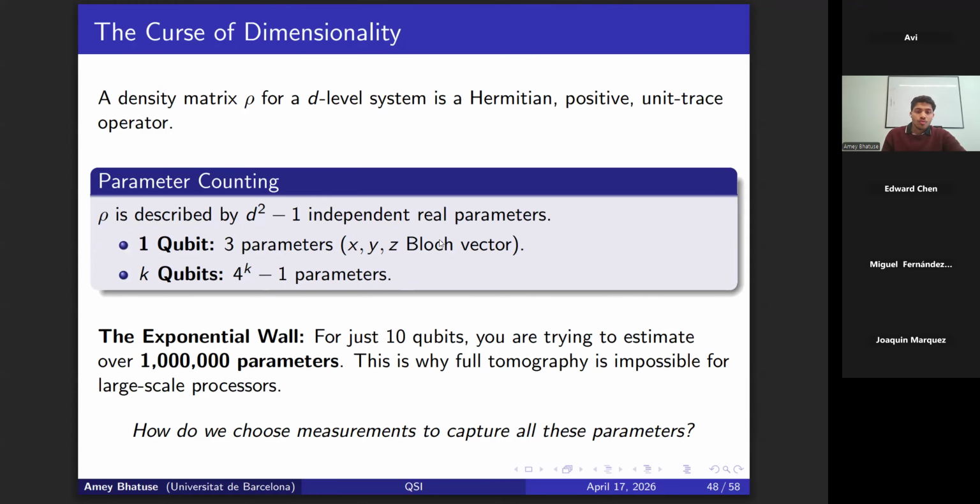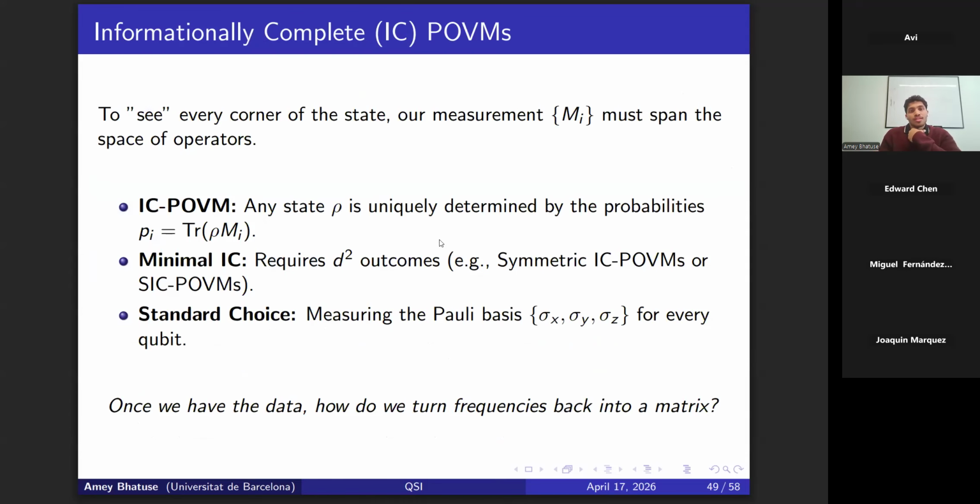So how do we choose measurements to capture these parameters? This is given by the informationally complete POVM. Any state is uniquely determined by these probabilities. There is a specific POVM called symmetric informationally complete POVMs, or SIC-POVMs, which requires these D squared outcomes.